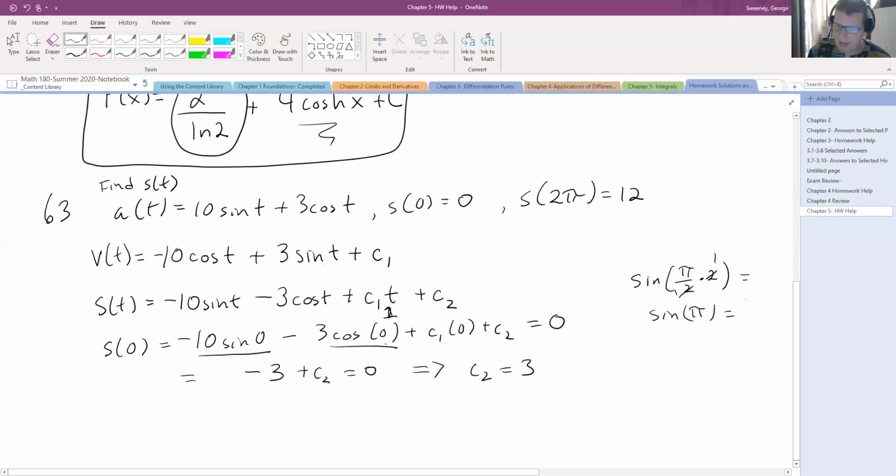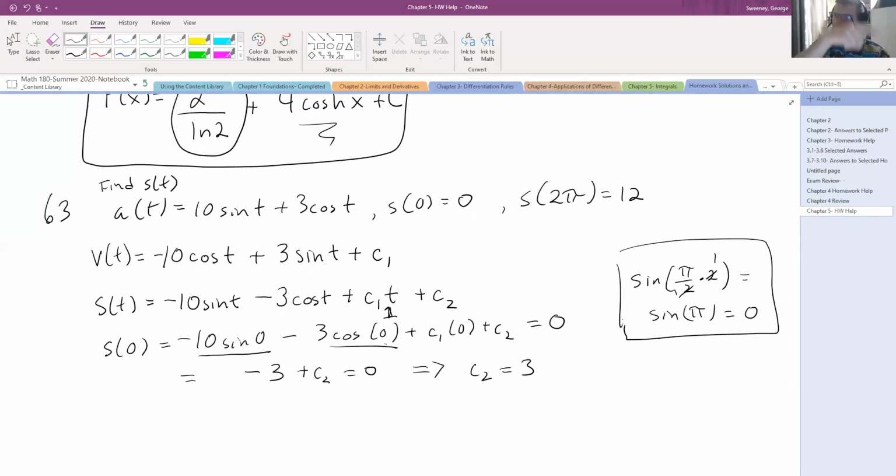And sine of pi is equal to 0. That was on your mean value theorem problem. A lot of people missed that. So you probably want to make sure you know your basic values on the unit circle. All right, so now we're going to put C2 into our function.